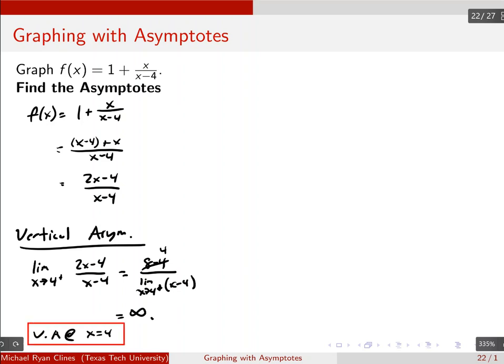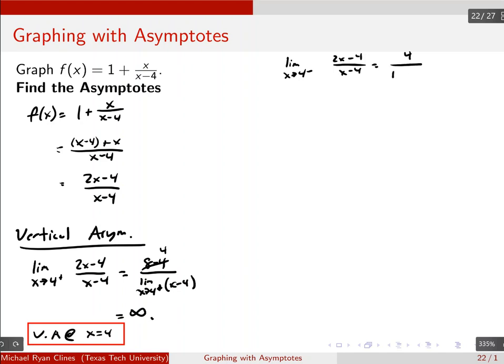So we know we have a vertical asymptote at x is equal to 4, but that tells us the behavior of this function as we approach 4 from the right. Let's just go ahead and check the limit as x approaches 4 from the left, shall we? Just to see the change of behavior. Well, we do the exact same process. x approaches 4 from the left. Well, on the top, because that's continuous, we can just plug it in.